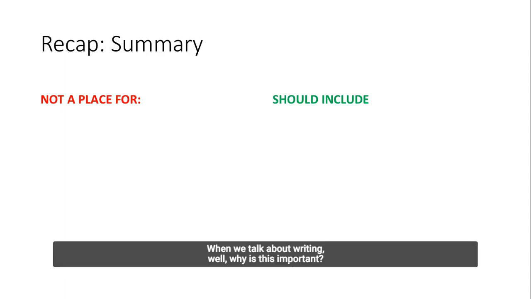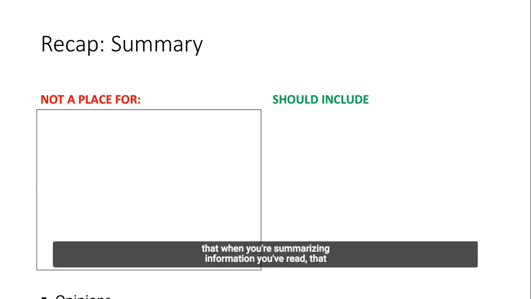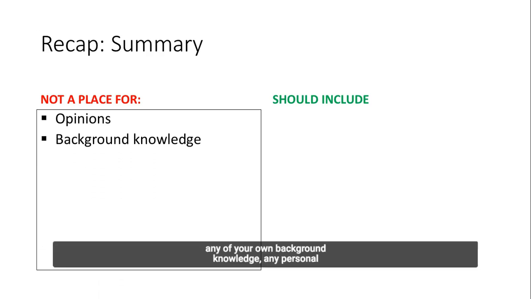When we talk about summary writing, well, why is this important for summary writing? Because paragraphs are a complete bit of information. So if you're summarizing, you're doing research, you're reading, and you're taking notes, remember that when you're summarizing information you've read, that summary is not going to be a place for any personal opinions, any of your own background knowledge, any personal information, certainly.